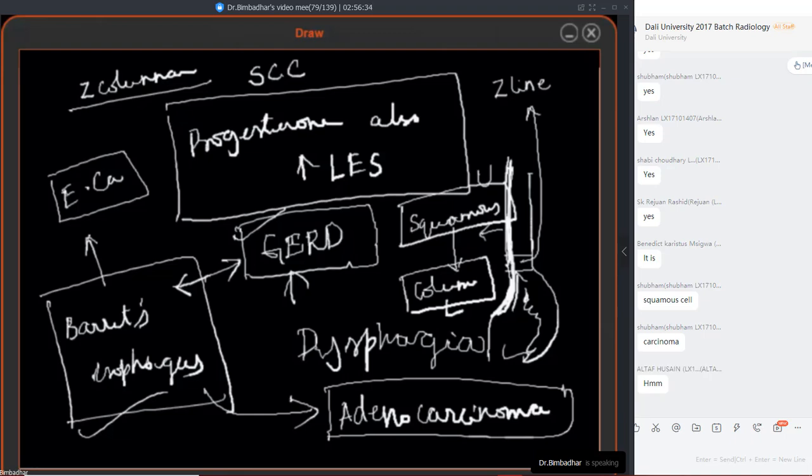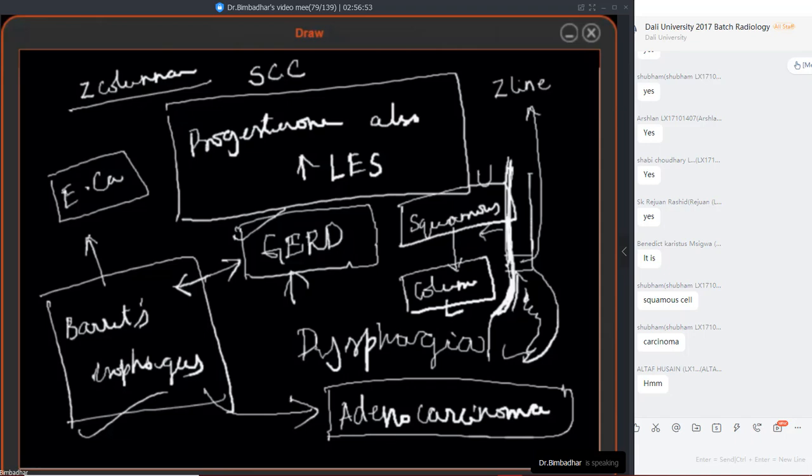You see here, there is a constant exposure of the gastric acid to the squamous epithelium in the esophagus. That's the reason it was converted into the columnar epithelium. I call that condition Barrett's esophagus. Constant exposure is happening, I call it GERD.